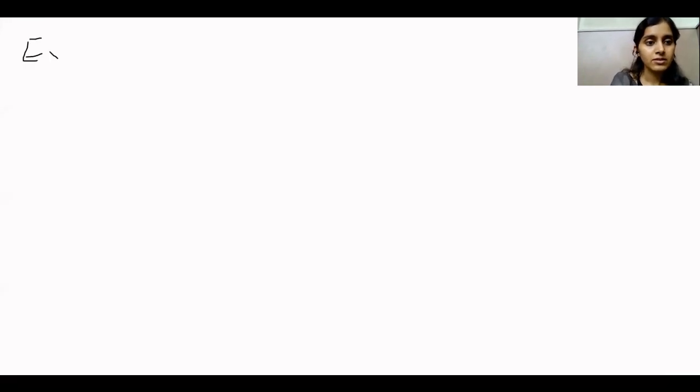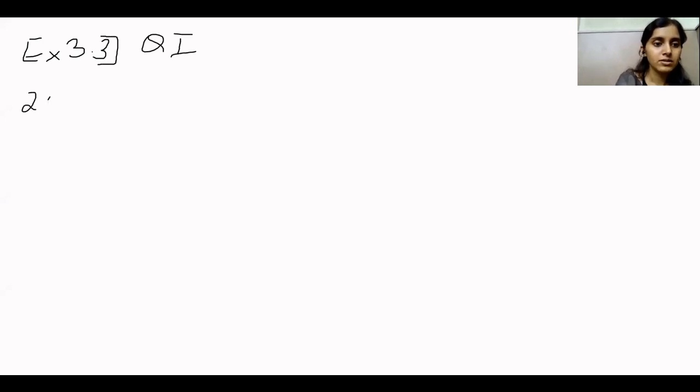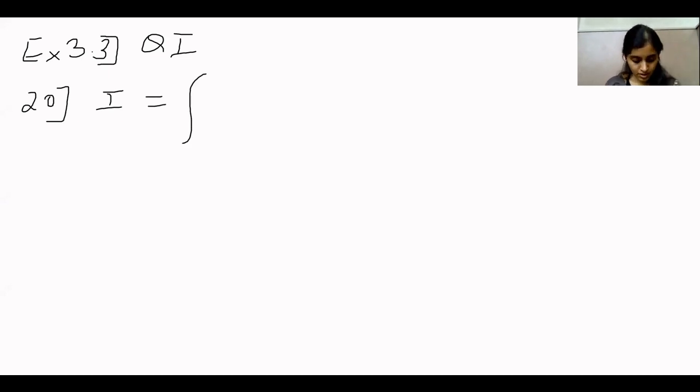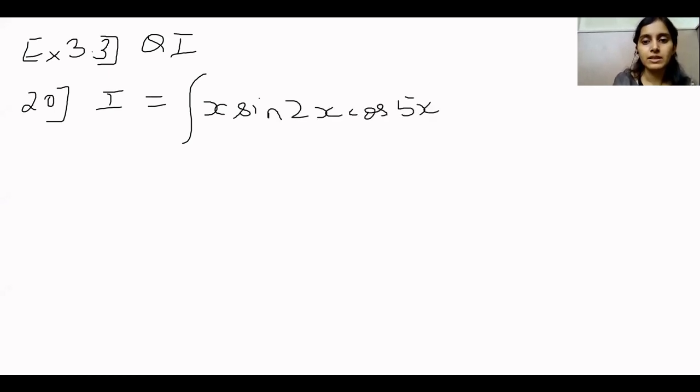So this is exercise 3.3, question 1, 20th sum. I is equal to integration of x sine 2x cos 5x dx.